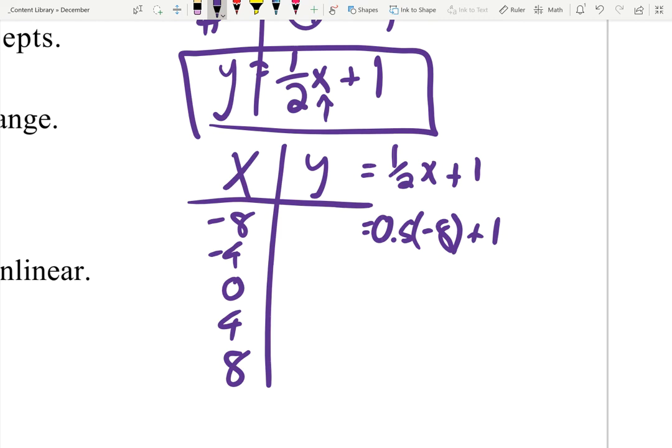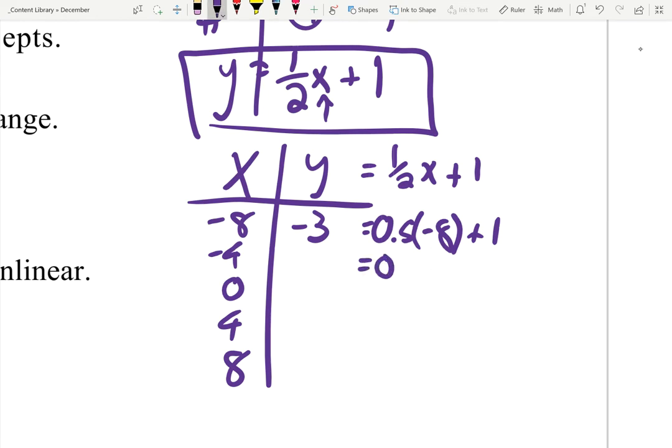Half of 8 is 4, and since it's a -8, this would be -4. So you can do it in your head or you can use a calculator. Don't forget the plus 1 though at the end. Negative 4 plus 1 happens to be negative 3. So there's your y value for the first point.